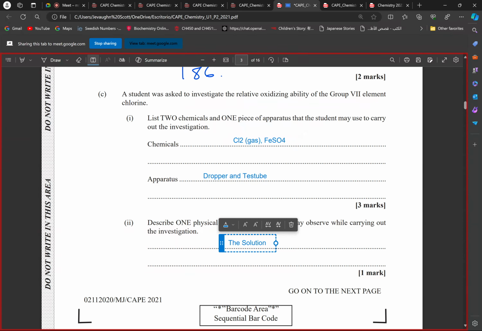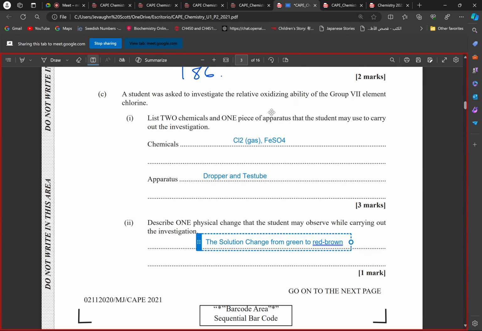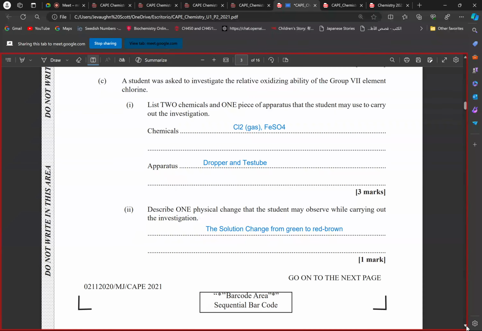So when you actually do the solution, it will change from your Fe2+, well, your green, no, not red brown. Yeah, it's red brown. Because if you're looking at the iron there are other ways to look at it, but that is fine. Looking at the oxidation of the iron.